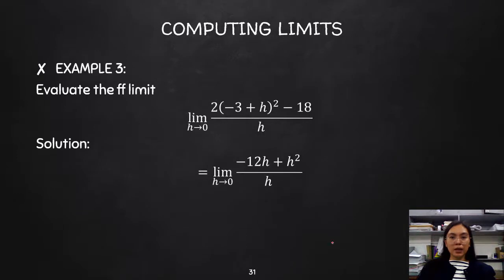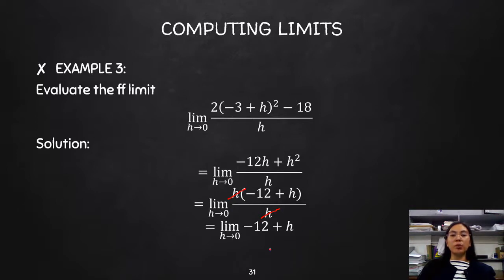And then, simplifying further, you could actually factor out h in the numerator, such that you have the limit of the function h multiplied by (negative 12 plus h), divided by h, as h approaches 0. So, yung h dito sa numerator tsaka h sa denominator, pwede na pong i-cancel.